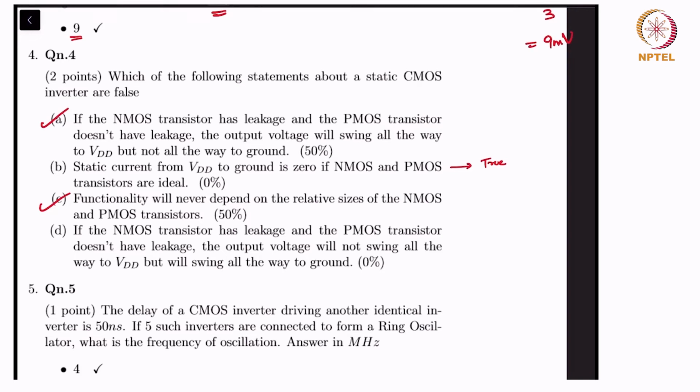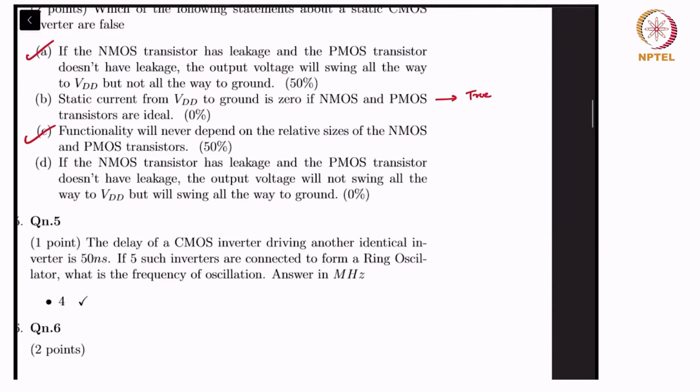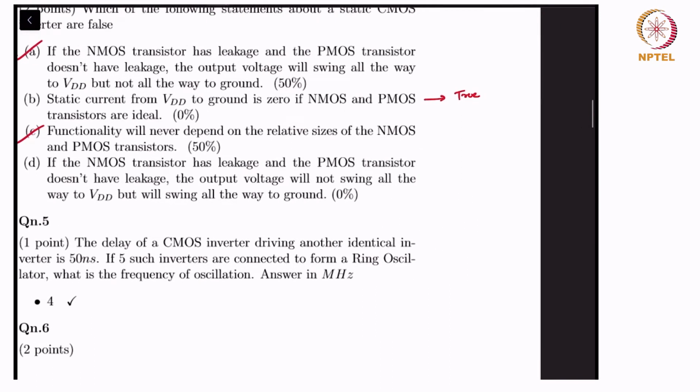Now, if the NMOS transistor has leakage and the PMOS transistor doesn't have leakage, the output voltage will not swing all the way to VDD but will swing all the way to ground. The idea is that now the NMOS transistor is leaky. Let's say that the input is at 0 volt, and the PMOS is alright, but the NMOS is leaky.